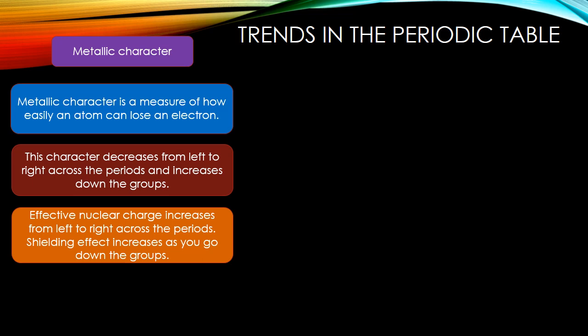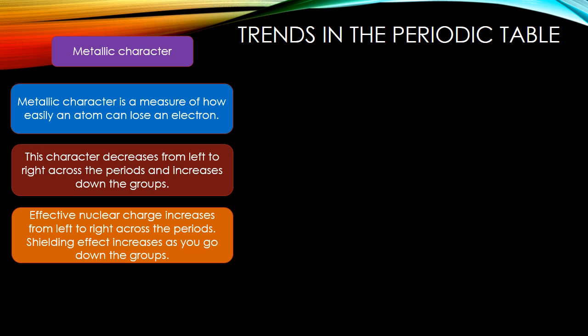So let us repeat. Metallic character decreases going from left to right across the periods because effective nuclear charge increases.